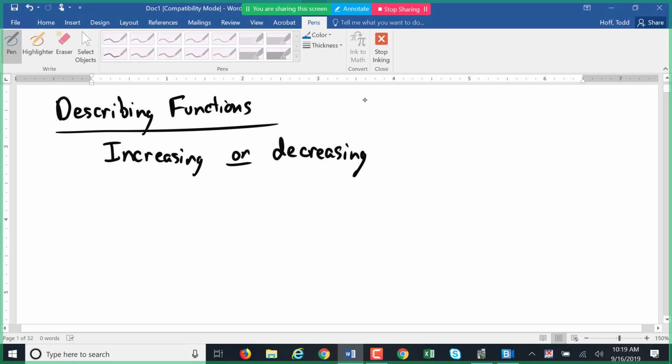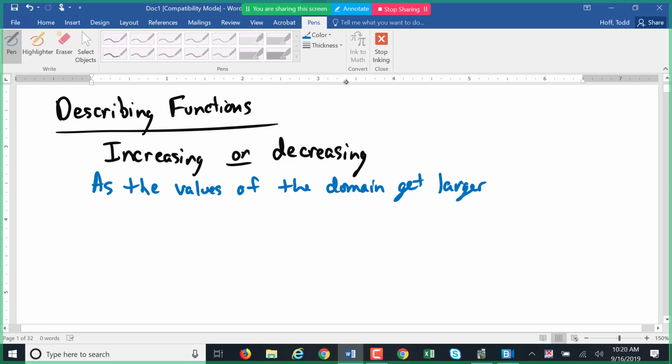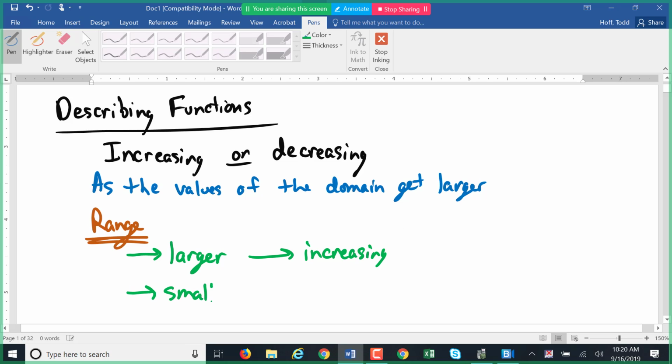What it's basically telling us to do is, as the values of the domain get larger, what is happening to the value of the range? Well, if the values of the domain get larger, if the values of the range are getting larger as well, then it's increasing. If the values of the domain are getting smaller, then it's decreasing.